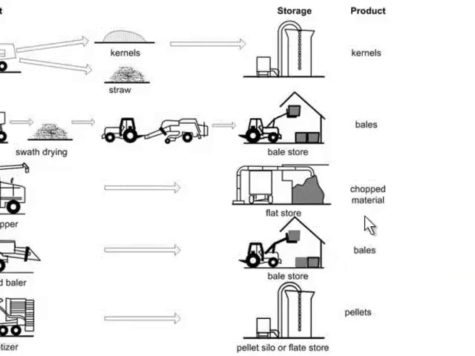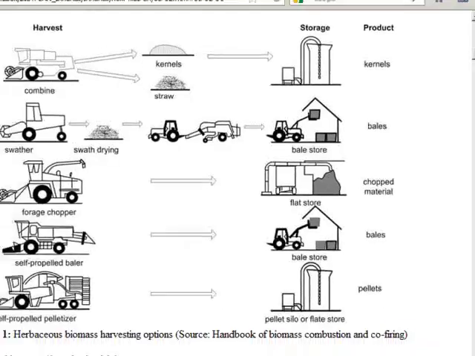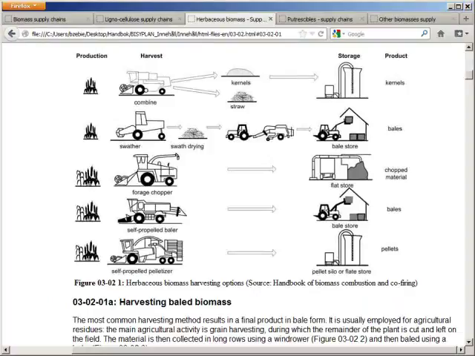We can have the chopped material, which is typically a very low density material, and we can also have pellets, so that we pelletize, for example, the straw already during harvesting operation. These different types of materials will have quite different bulk densities, and obviously they will also exhibit very different transport economy for the road transport.